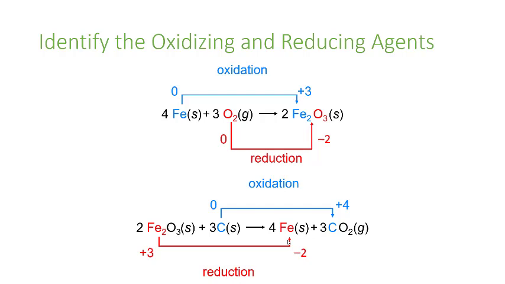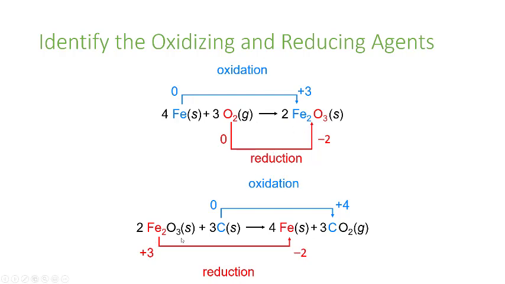So you can see here that for our first example, the iron, which is being oxidized, is the reducing agent because it is causing oxygen to undergo reduction. Whereas the oxygen, O2, is the oxidizing agent because it's causing iron to undergo oxidation. And that oxidizing agent undergoes reduction.